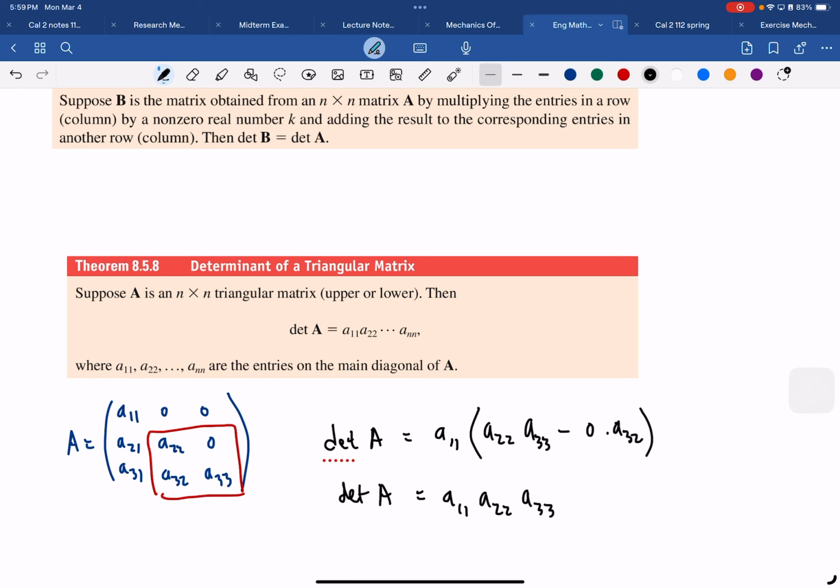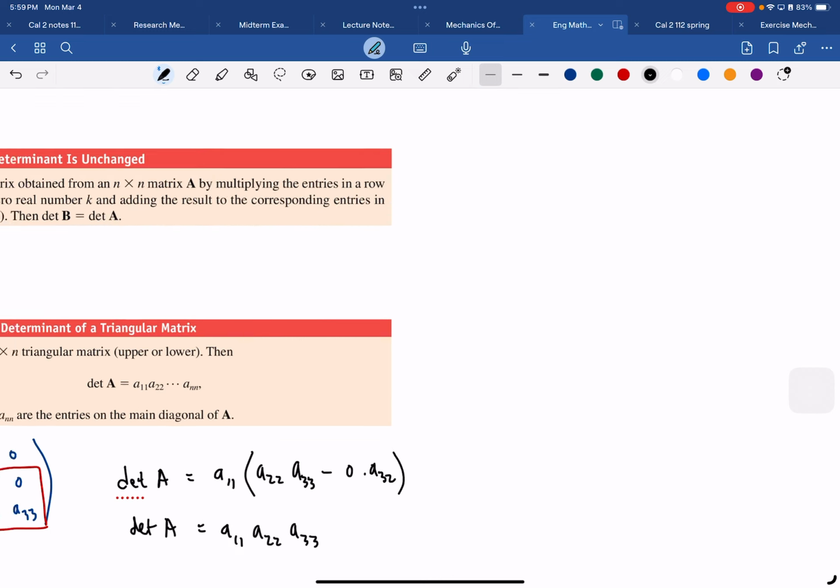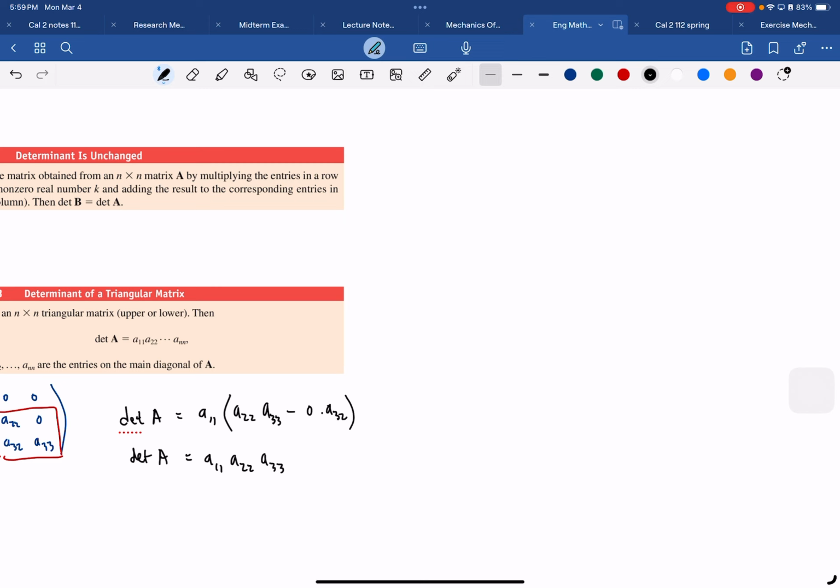So for example, I will take an example from the textbook, but it's interesting. So if we have a matrix A, this is 6 to 7.